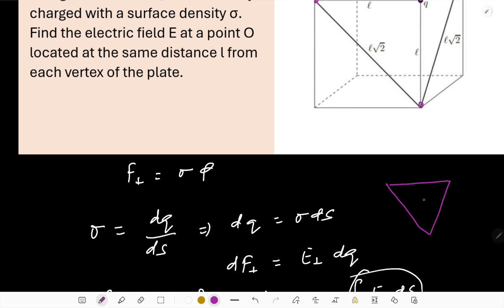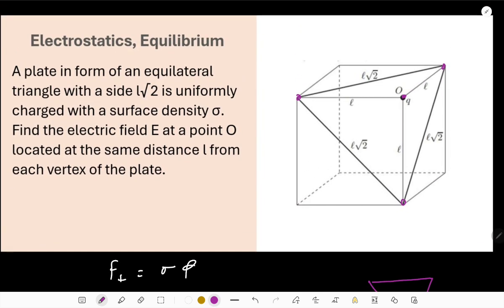This is a kind of, I guess, tetrahedron-like picture, and you will assume that the force at this point, charge Q, is along the normal or along the perpendicular drawn from point O to the surface of this triangular plate, and the force will be in the same direction.